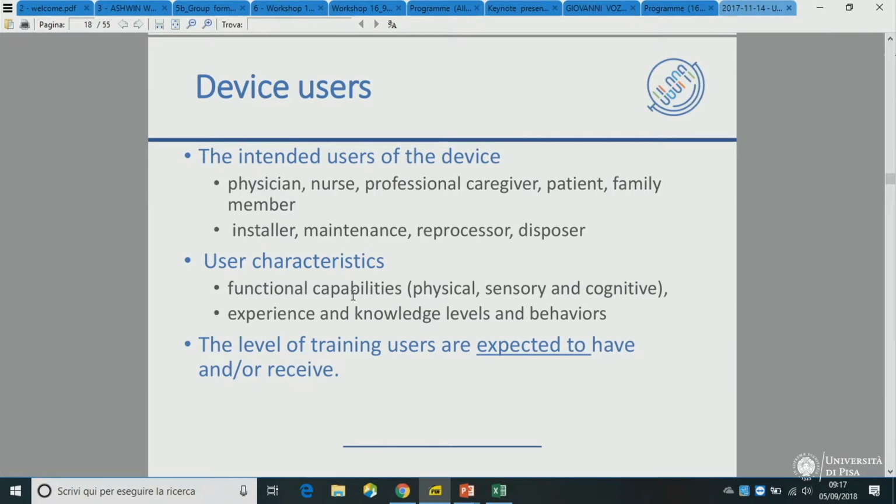And here are some examples of device users in our field. There is a very interesting little example here, the reprocessor. So many times out there, the nurses in the hospital will disassemble the device, wash it, clean it, sterilize it, and assemble it again for the next patient. Think about electrosurgery.